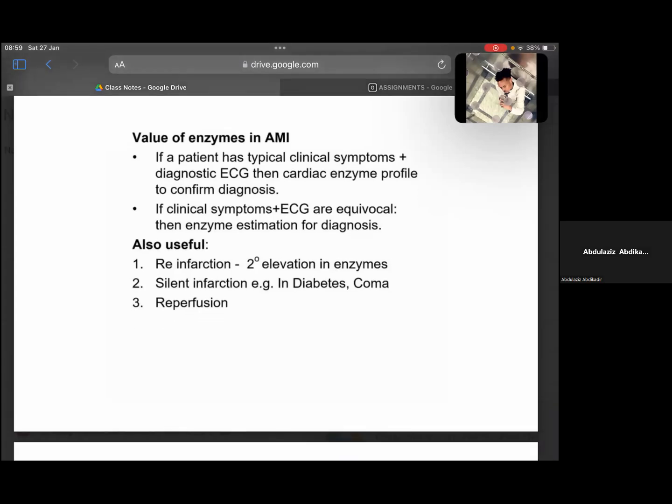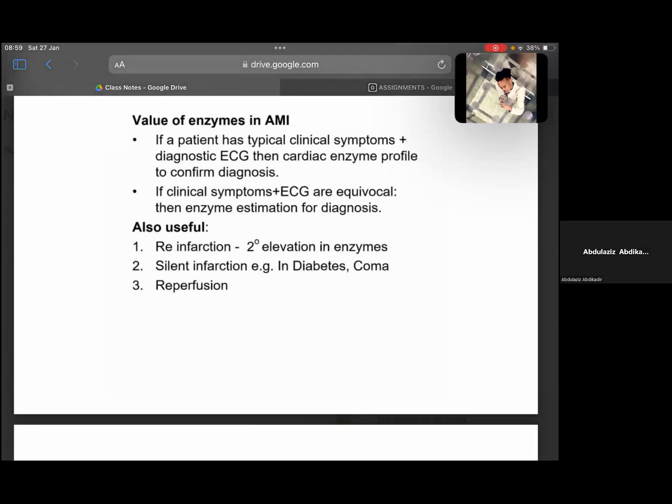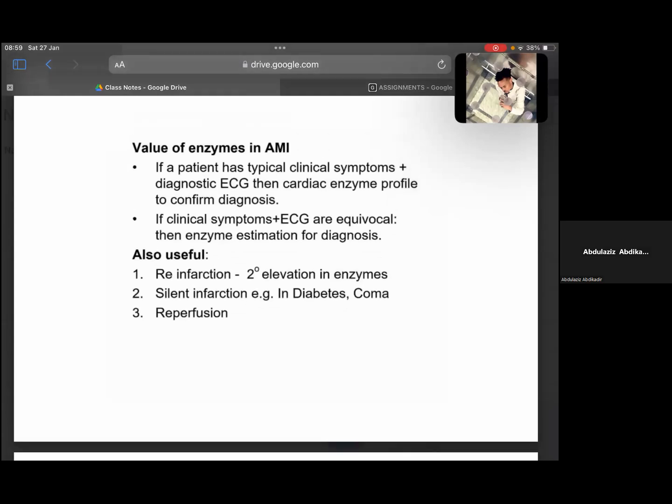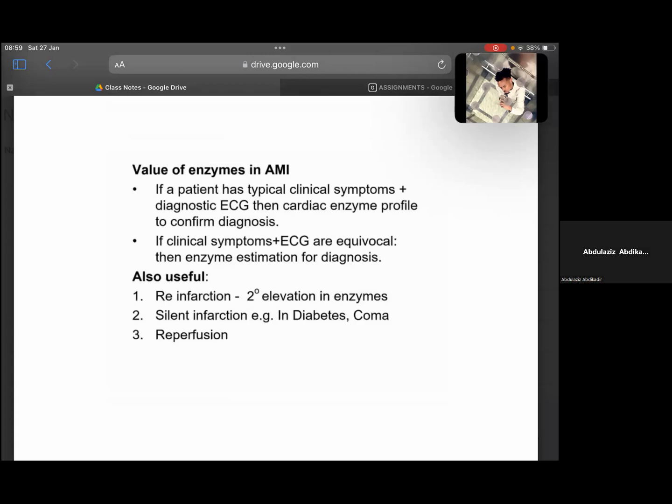Then there's the silent infarction. Remember, people with diabetes have sensory neuropathies. They're not going to feel that chest pain. Someone in a coma is not going to tell you, I'm having chest pain, I'm having dyspnea. So their MI, unless you do a lab test, you're not even going to know. Someone can be having a major cardiac event and they're just lying there next to you.